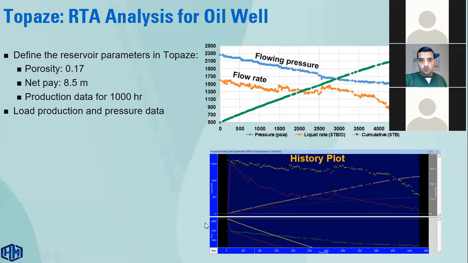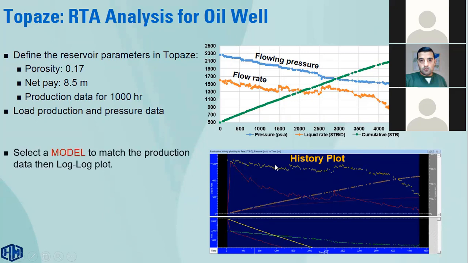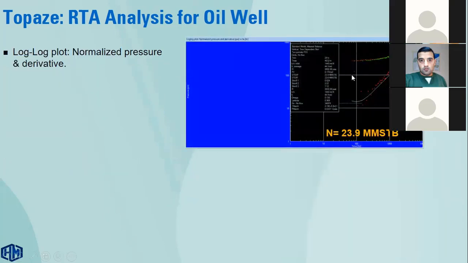So in Kappa Topaz, you will have this history plot. The next step is to assign a specific model to match the production data of our well on the log-log plot. As you can see, this is the log-log plot. The data is matched over this plot.